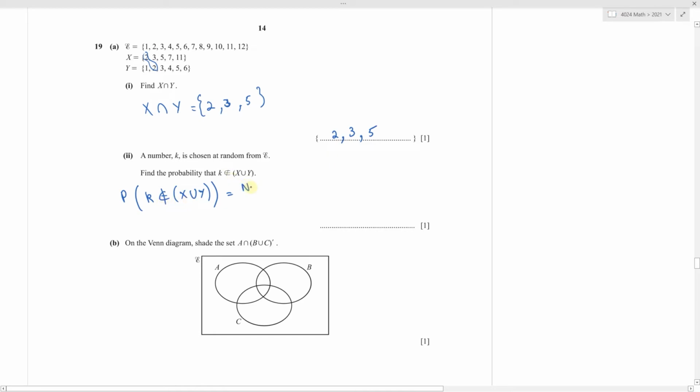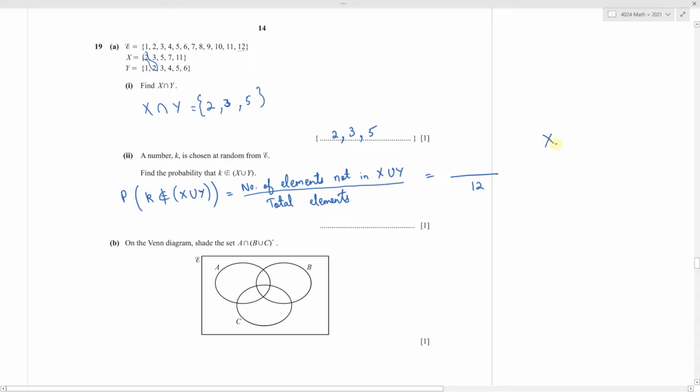So that means the number of elements that are not in X union Y, because that's what you're looking for, divided by total elements. So your total elements are 1, 2, 3 up till 12. So you have a total of 12 elements. And how many elements are not in X union Y?